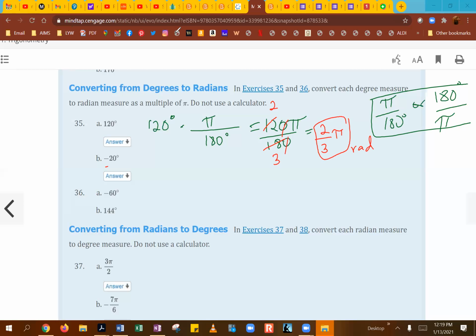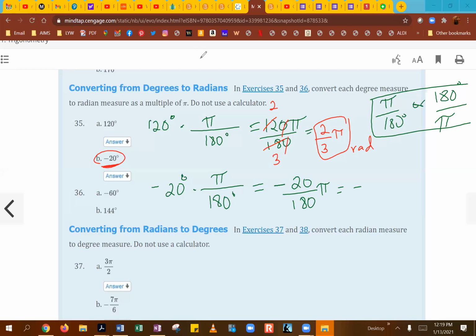And of course, you can do the same thing for negative 20 degrees over here. Since we have degree on the top, you would put degree on the bottom, and then pi over 180. Of course, that negative sign will stay. So you've got negative 20 over 180, and pi will stay as it is.